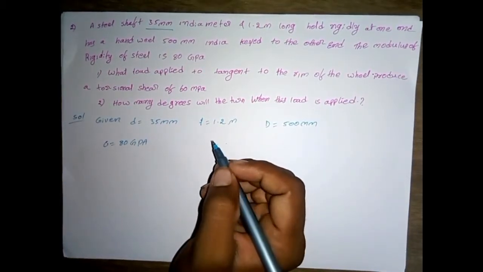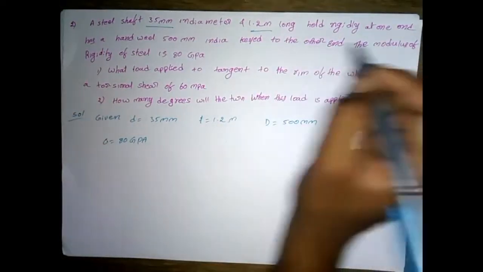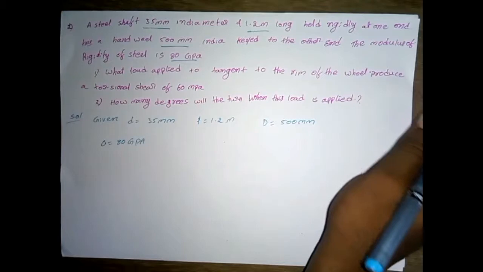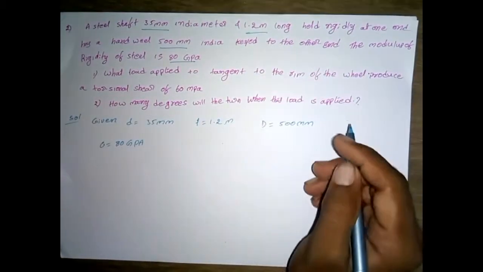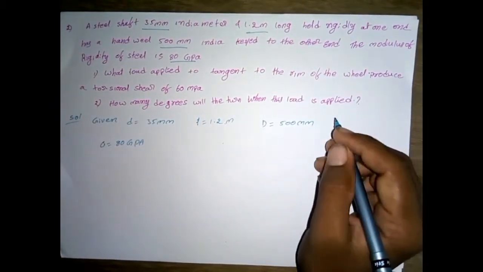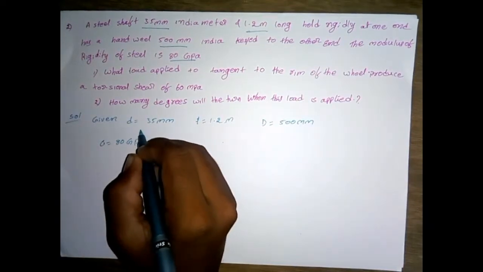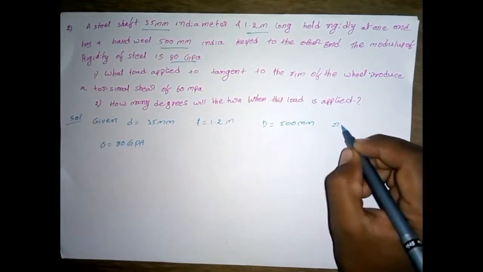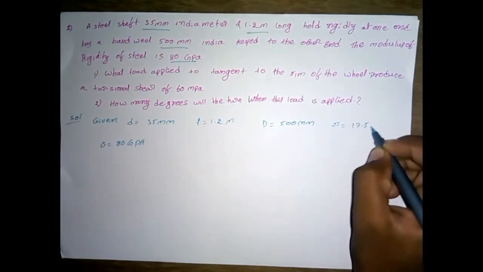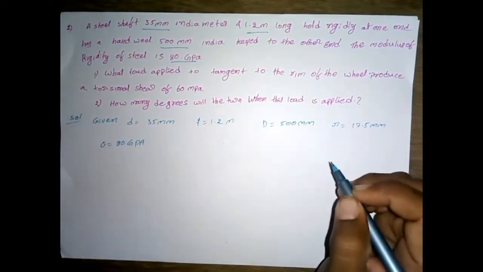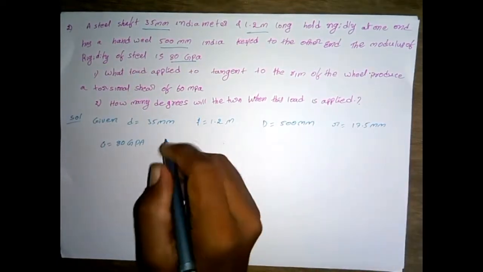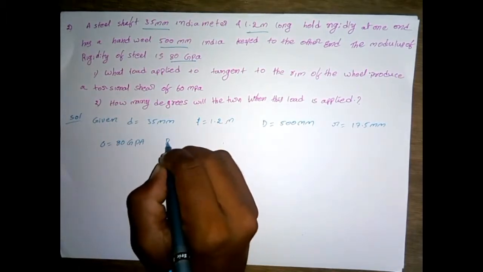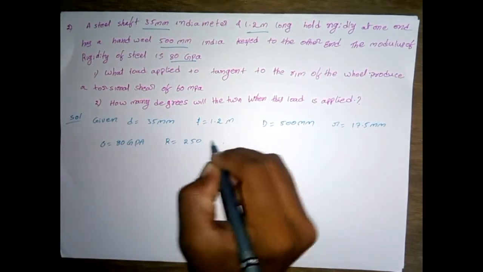So we have length, diameter and modulus of rigidity. Now you know that if the diameter of the shaft is 35 mm, then the radius, small r, is equal to 17.5 mm, and capital R is equal to 500 by 2, that is 250 mm.